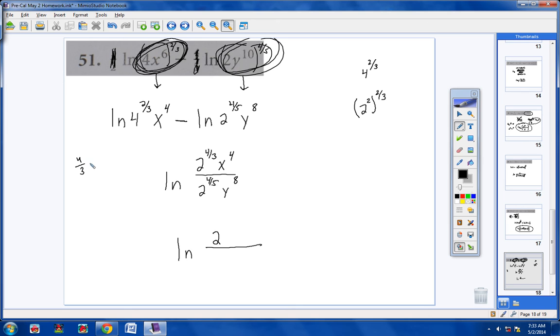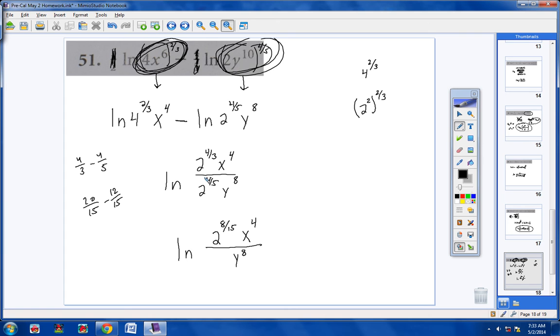But 4/3 minus 4/5 would be what? 20/15 minus 12/15, so you would get 8/15. When you take 4/3 minus 4/5, you get 2 to the 8/15 power. And of course your x stays to the 4th power, and your y is to the 8th power.